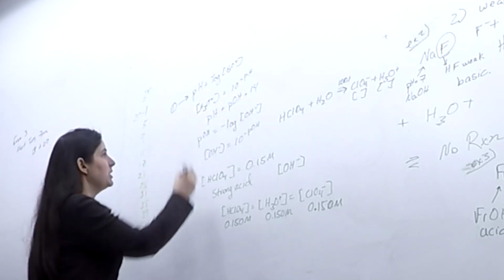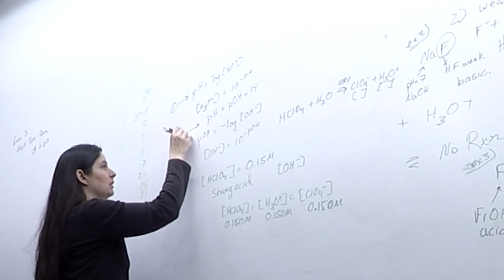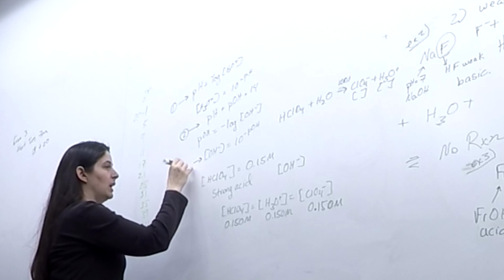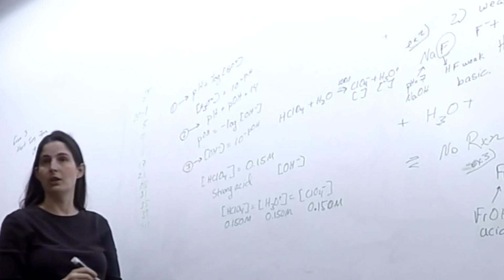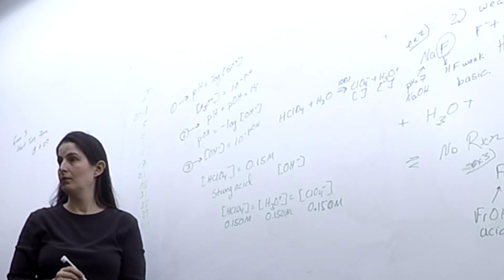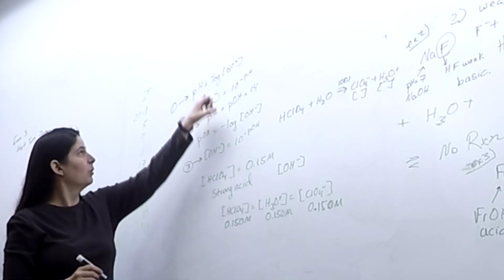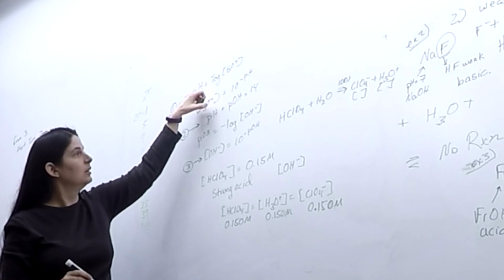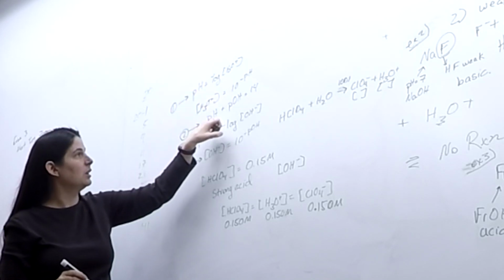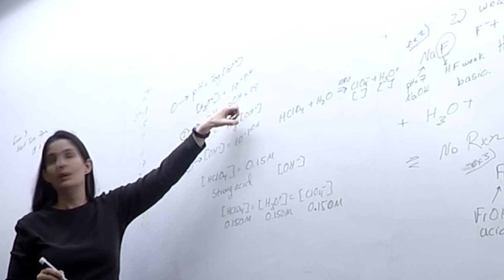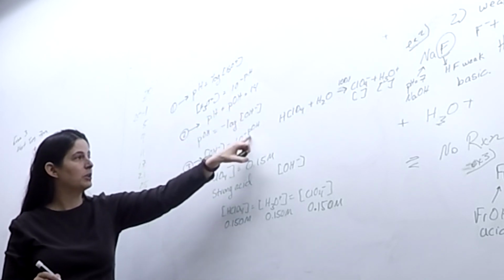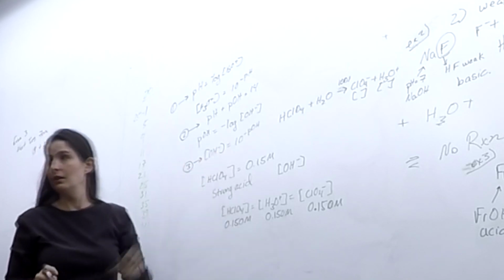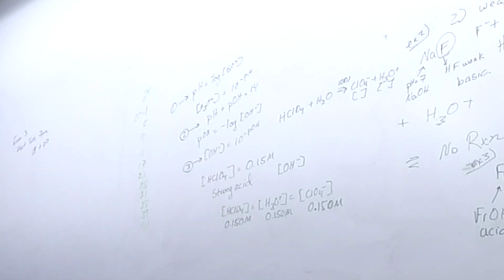So you need to get the pH, then the pOH, then you can get the concentration of the OH. Let me show you how to do that.